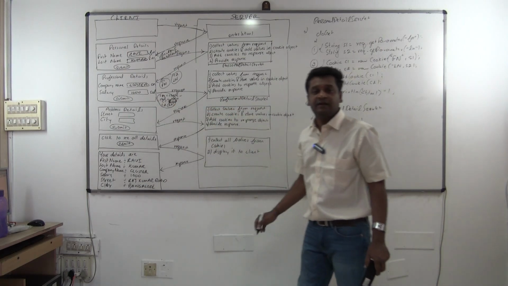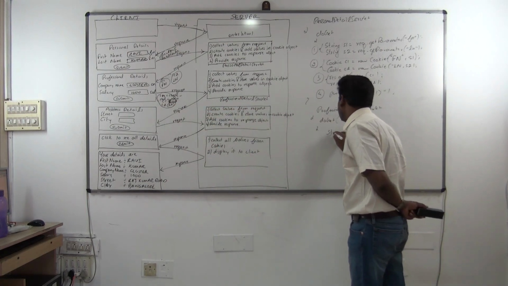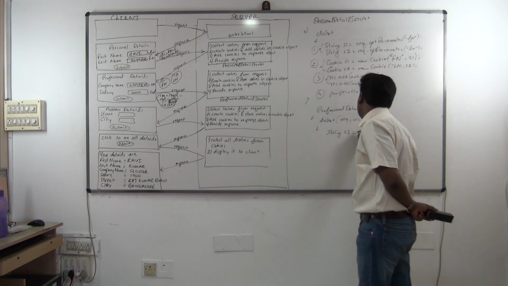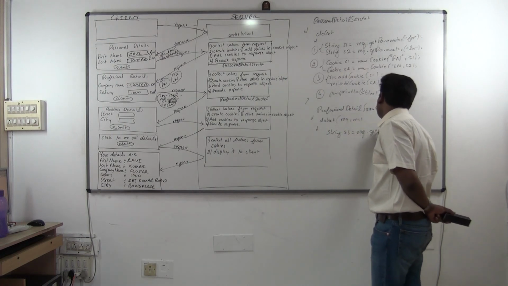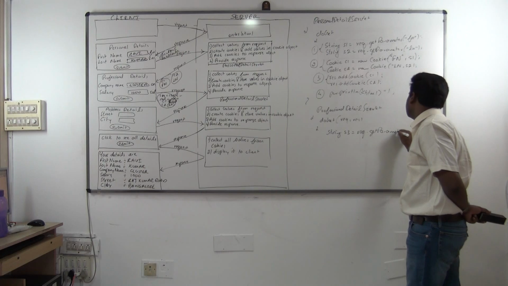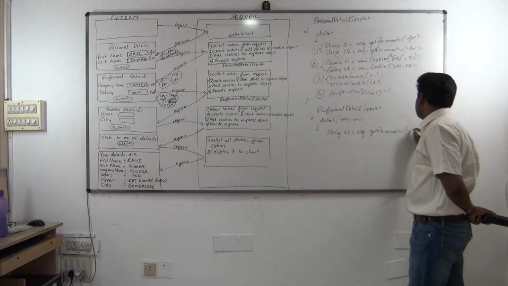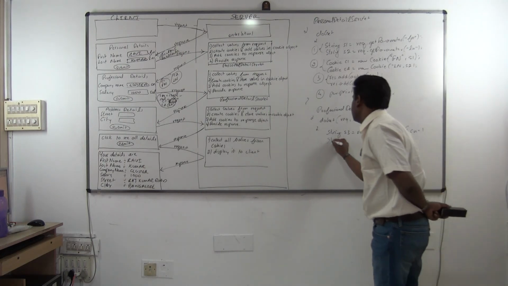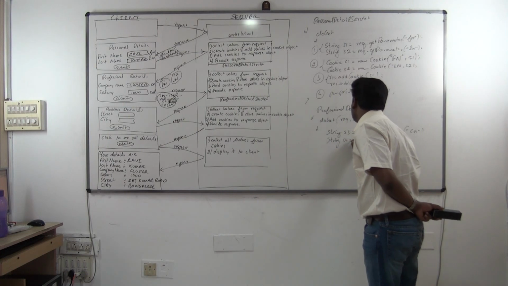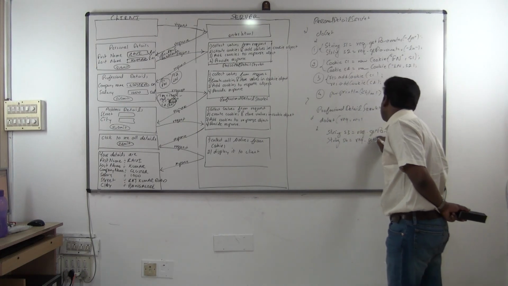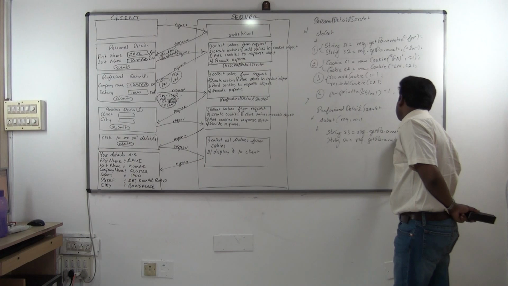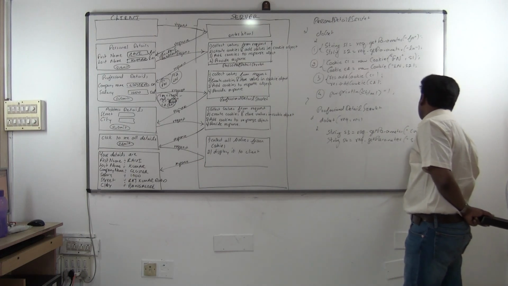Cn and Sal. Same story. String S3 is equal to request.getParameter of Cn. String S4 is equal to request.getParameter of Sal. Fine.